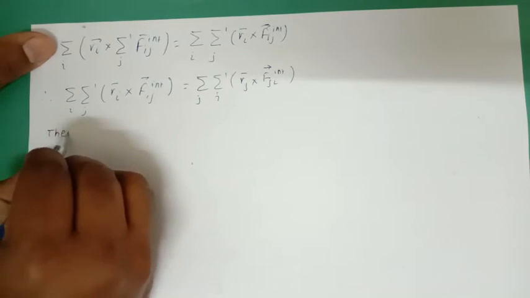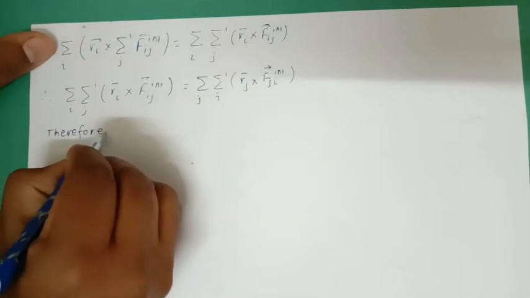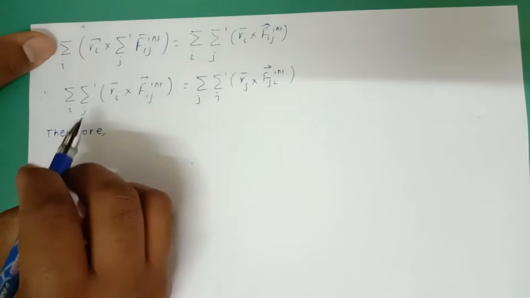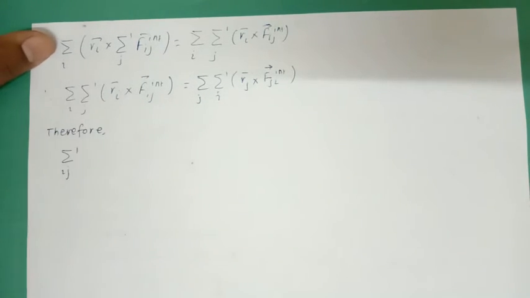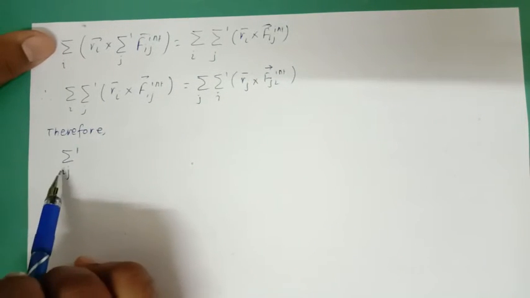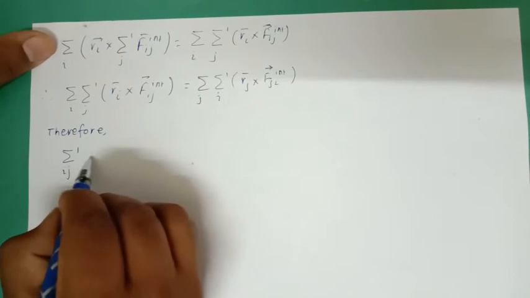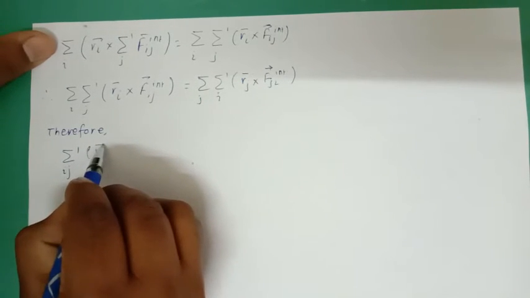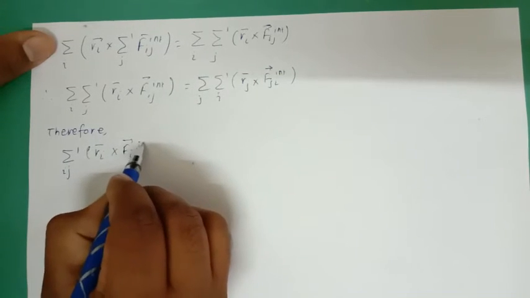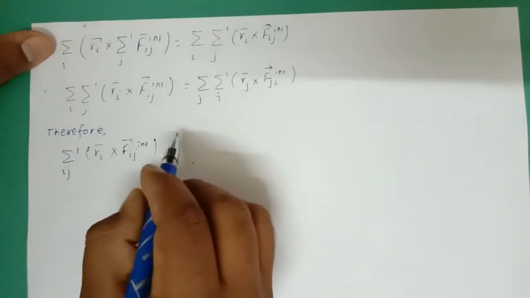Therefore, how to write the next step? I'll write this equation with the summation over ij and prime for that. So summation over ij, Ri bar cross Fij, and of course this is internal, we are talking about the internal forces.